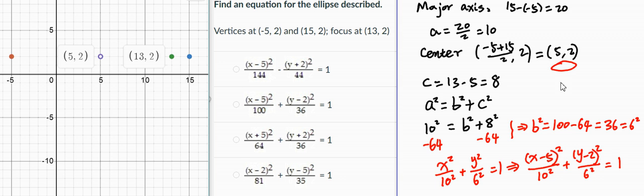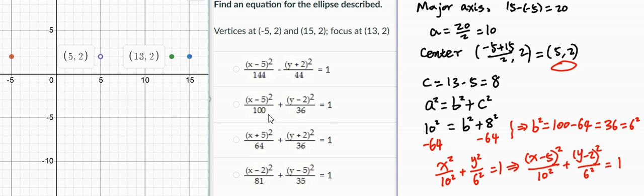So (x minus 5) and then (y minus 2), square both. Below the x variable is the big value squared, horizontal direction, so 10 squared, which is 100. Again, 6 squared, that's b squared, equals 1. So comparing this one: (x minus 5) squared over 100 plus (y minus 2) squared over 36 equals 1.